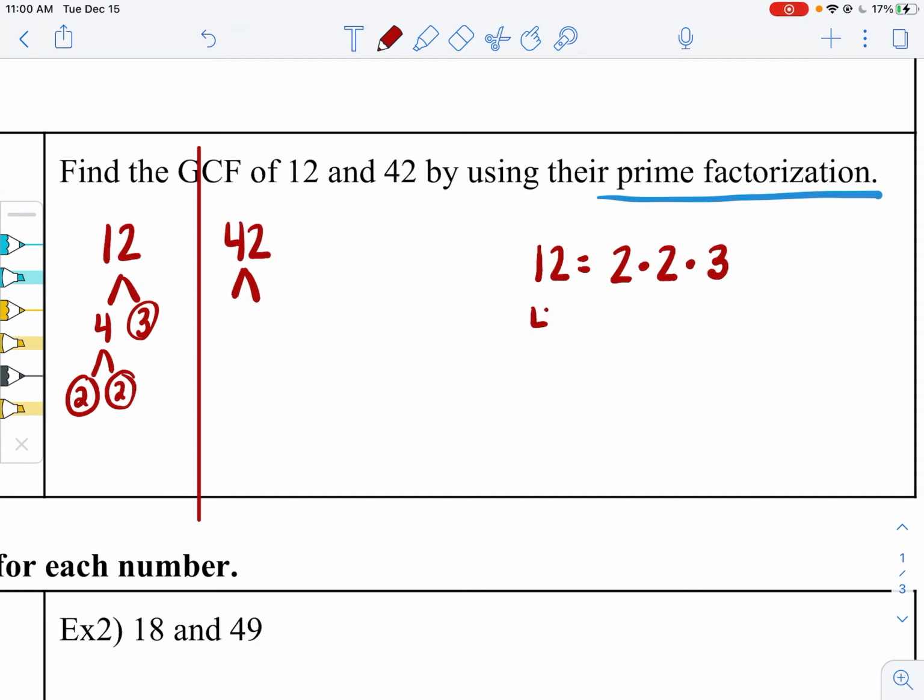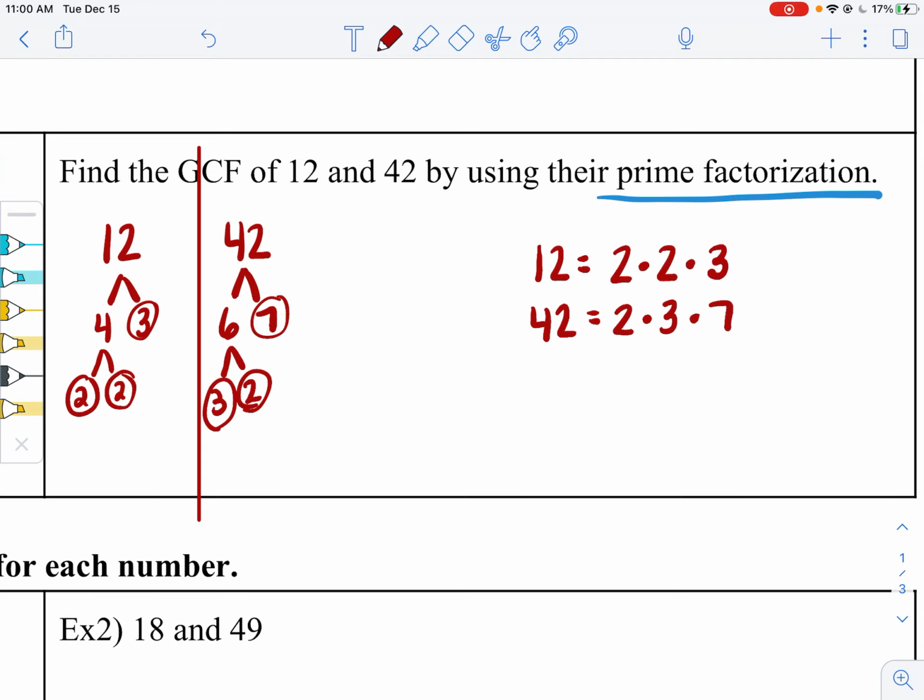And now we need the prime factorization for 42. Well, I know 6 times 7, so I'm going to use it. 6 times 7, and 7 is prime. For 6, we have 3 and 2, and 2 is prime, and 3 is prime. So for 42, we have 2 times 3 times 7.